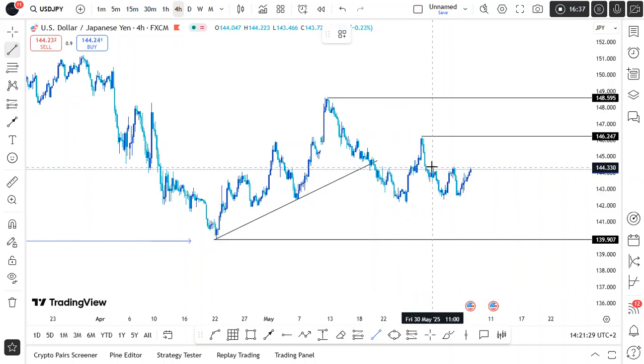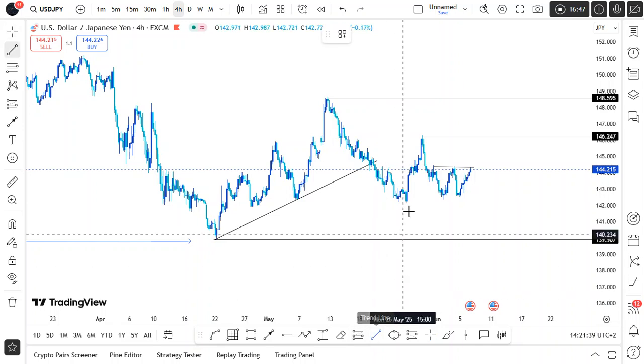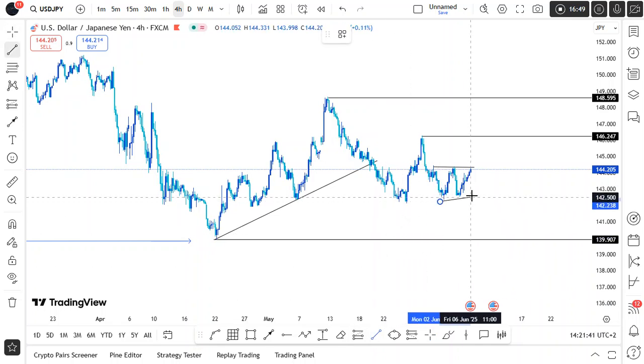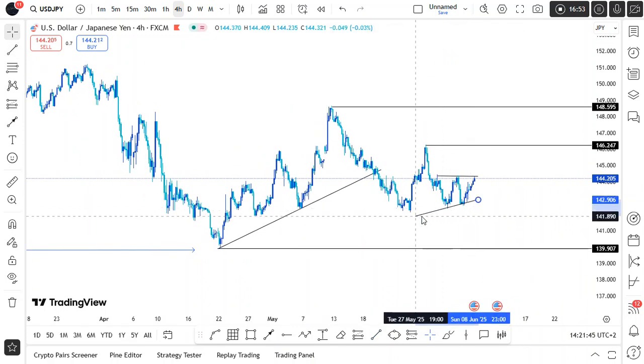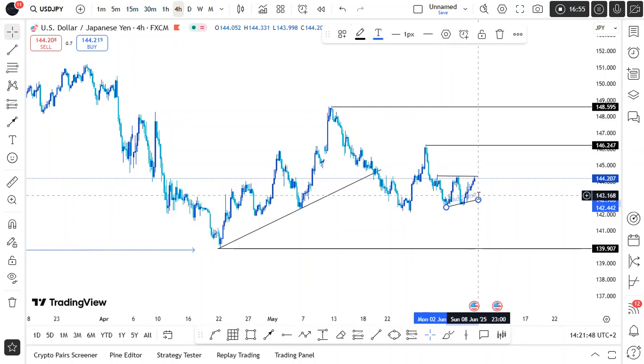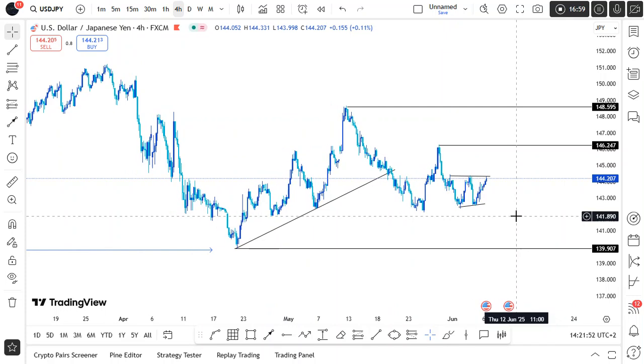And price is actually forming something here: this first touch, second touch, third touch. And then we're going to have this base over here. Then this is a clear continuation pattern. This is just one clear continuation pattern, by the way.